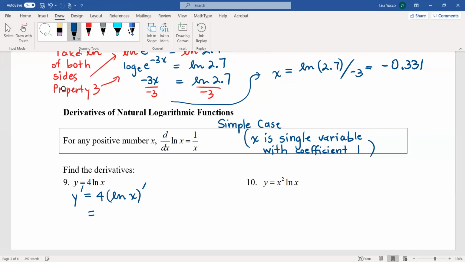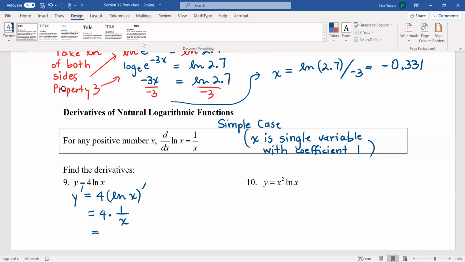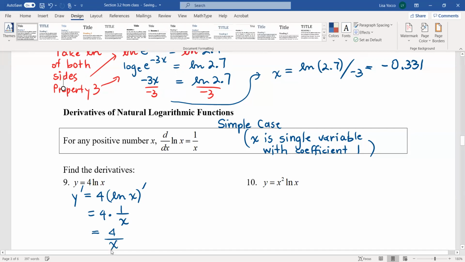The derivative of ln of x is 1 over x. That's pretty much it. You can rewrite that as 4 over x, which is probably how you would see that written.